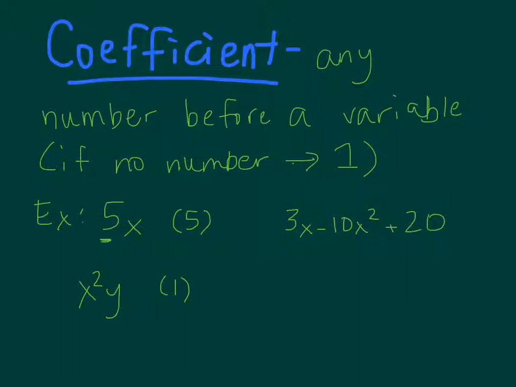Now only 2 of those terms have a coefficient, because remember a coefficient is any number before a variable. So if there's no variable, there's not going to be a coefficient. So my coefficients in this expression would be 3 and negative 10. 20 is not a coefficient because it doesn't come before a variable.